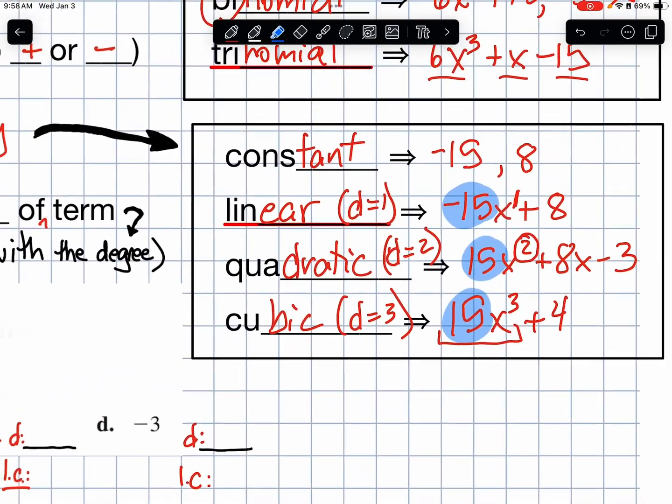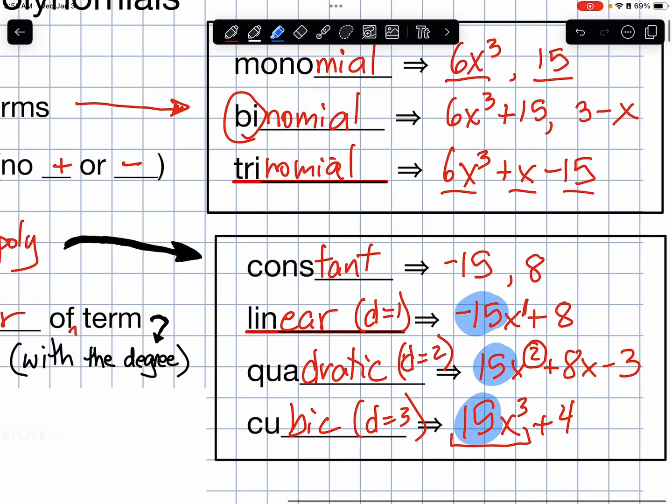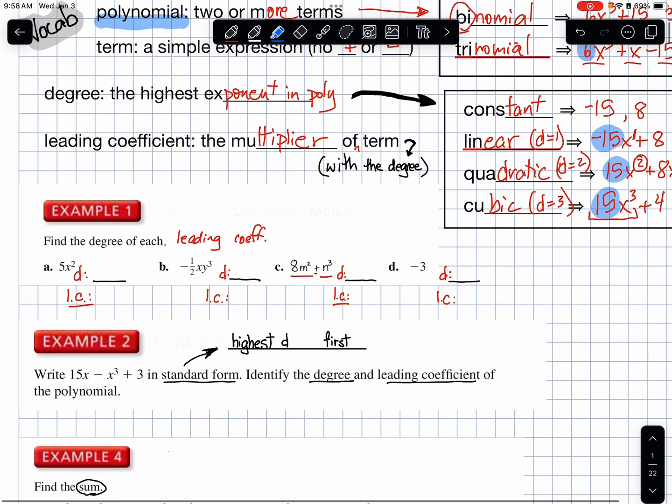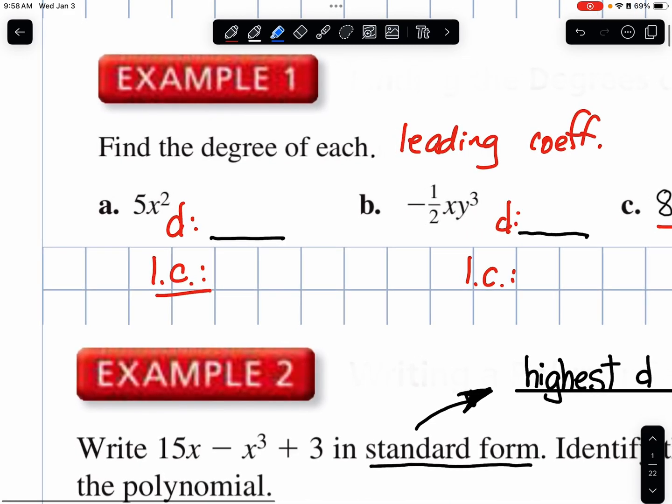Negative 15 would be my leading coefficient there. My leading coefficient would be 6. All right? It's whatever you're multiplying in the expression that has the highest exponent. So find the degree of each problem and what is the leading coefficient. So the degree is 2. The leading coefficient is 5.